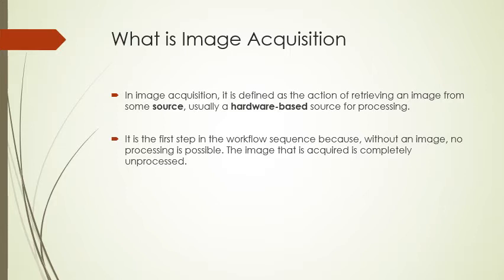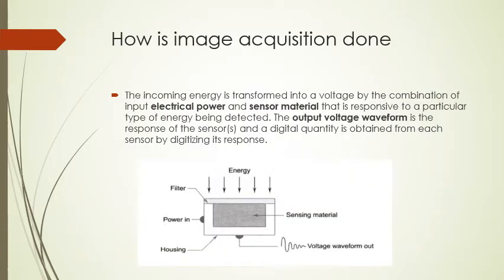If we have hardware like a camera, computer, printer, or any other hardware, then we become able to acquire that image. Actually it is the first step in the workflow sequence, because without an image no processing is possible. The image that is acquired is completely unprocessed. Now we know what image acquisition is.